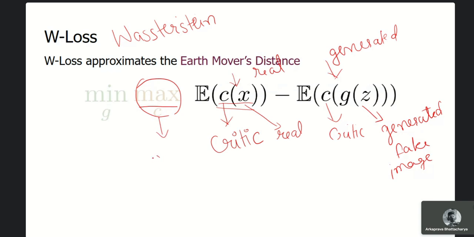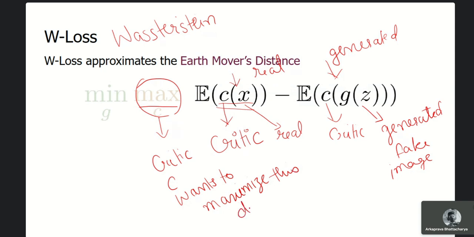So my critic C, or the discriminator C, wants to maximize this distance, and the generator G wants to minimize this distance. That is, it wants the fakes and the reals to look similar.